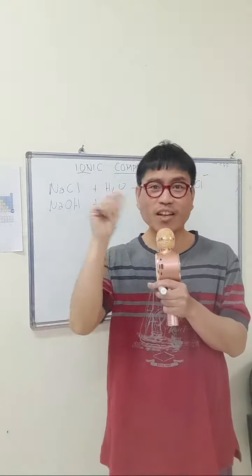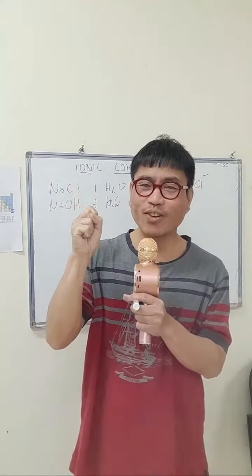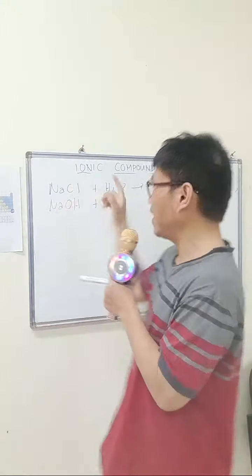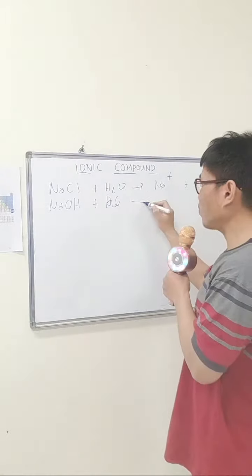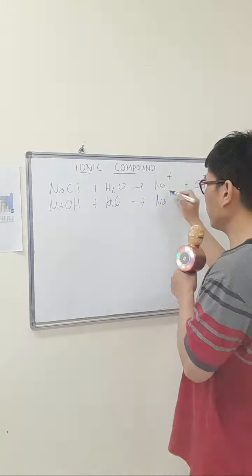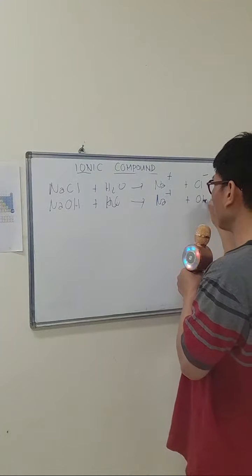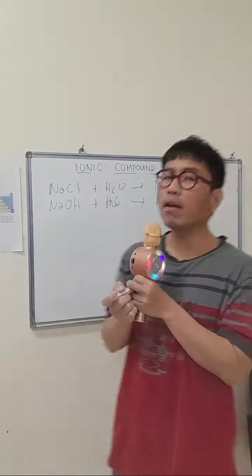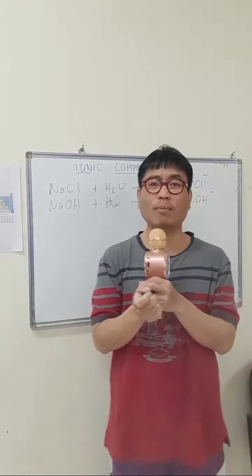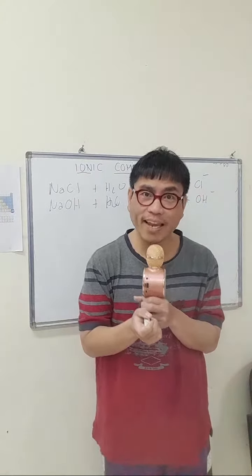Those are the techniques so that you can really understand what's going on with this topic, ionic compounds. For sodium hydroxide, we have sodium positive 1 plus hydroxide negative 1. If you add the charges, plus 1 plus negative 1, it becomes 0.